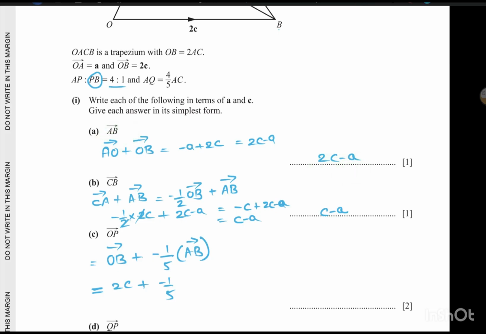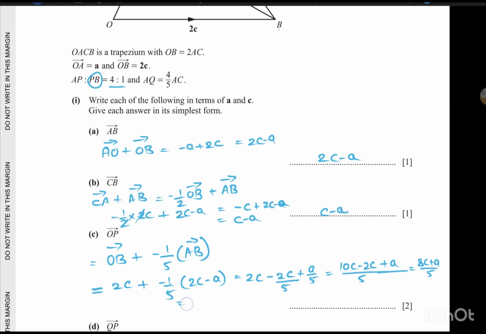So that is 2c, then minus 1 times 2c is minus 2c, plus a, all over 5. Taking the LCM, which is 5, this will be 10c minus 2c plus a, so 8c plus a over 5.